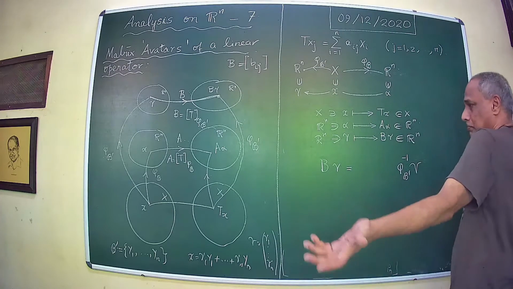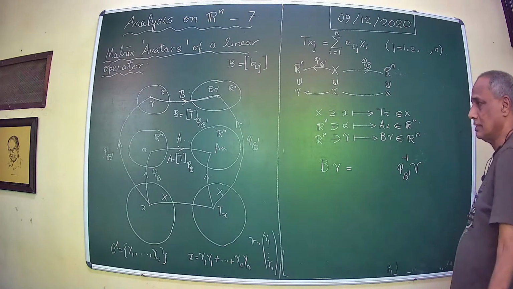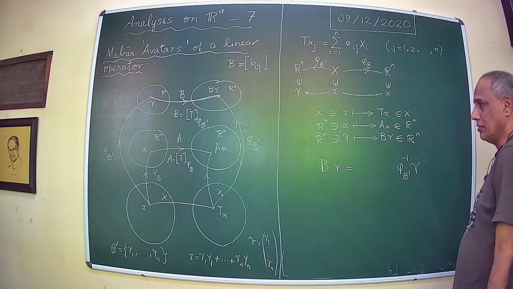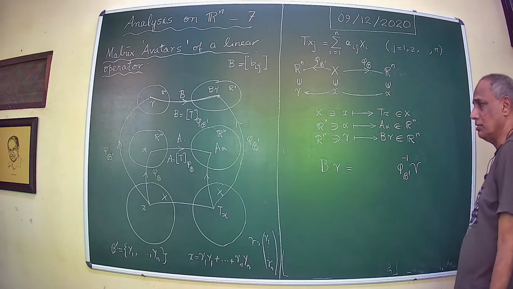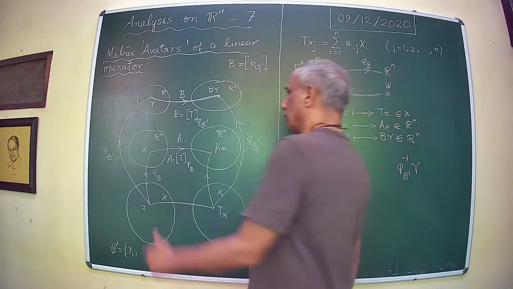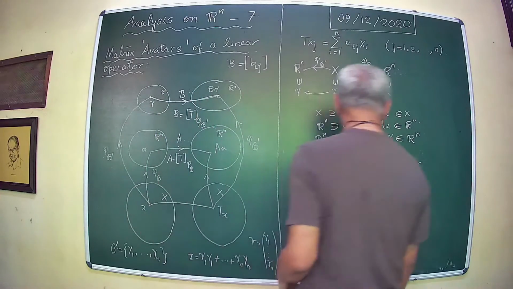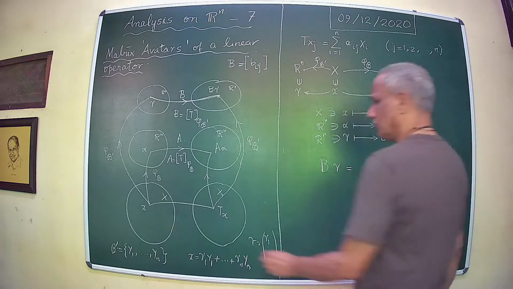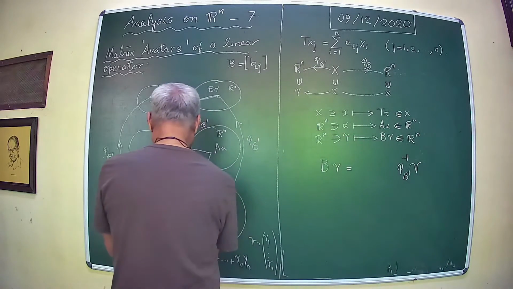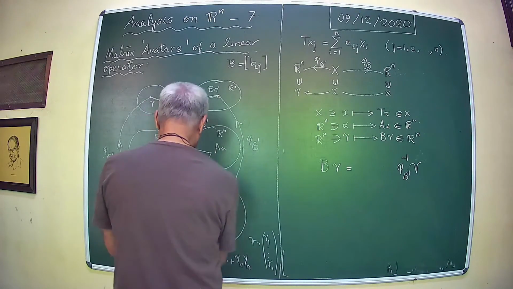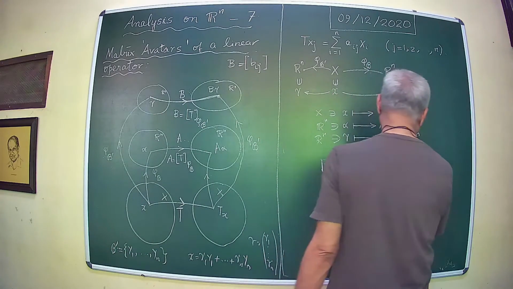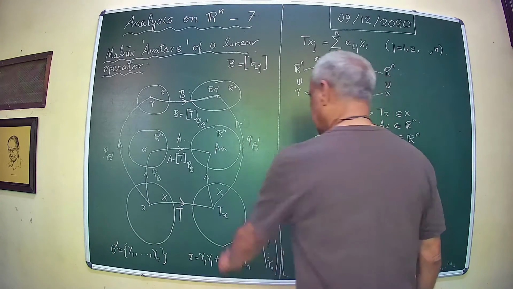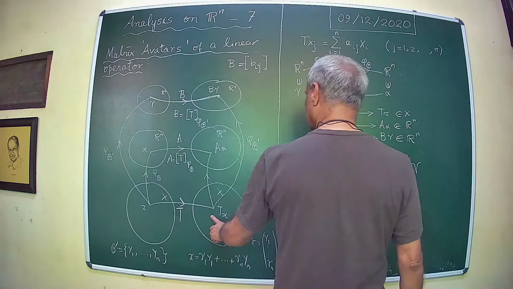Phi b prime inverse exists because phi b is an isomorphism, therefore phi b prime is also an isomorphism from Rn to x. So I have this, right? Then I have T here. So I apply T. So I have reached here.